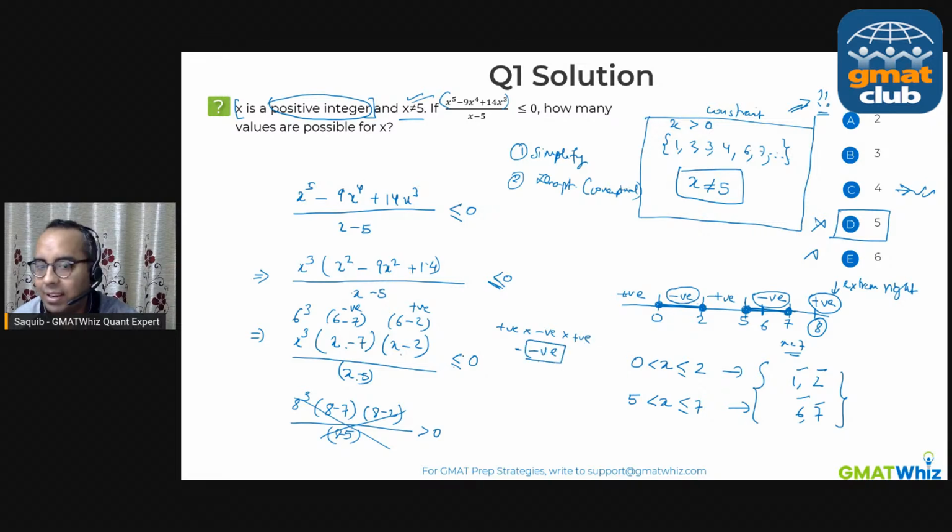You want negative, less than 0. So that is why we'll be choosing this region and this region. So you have to alternately take positive, negative, starting with positive from the extreme right. I'll share a video link where I've explained all the cases. You can look at it. Just let me complete the final discussion and close it so that this is perfectly clear. I hope this brief discussion was helpful.